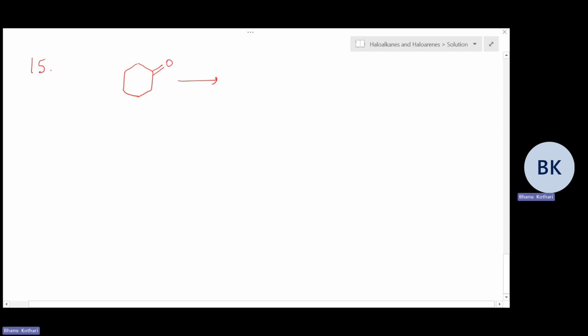First, let me use a Grignard reagent. So we'll get 1-methyl cyclohexanol. After which, if I carry out elimination, I will get a double bond here.